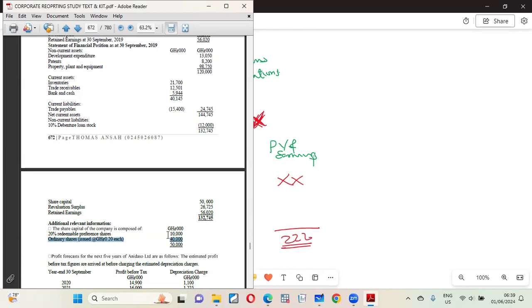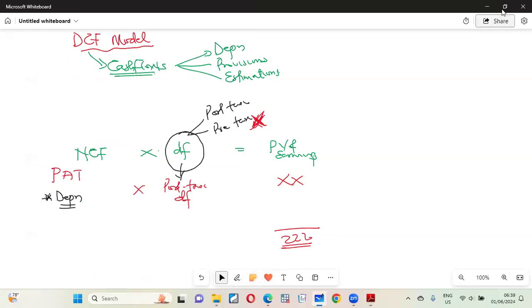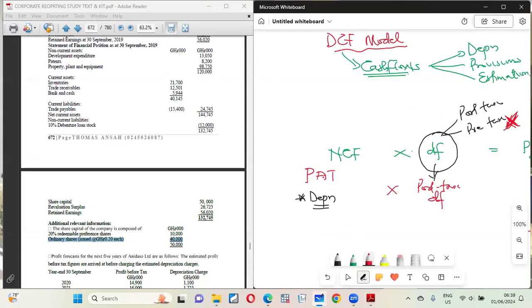So if the share price for each is 20 pesos, and the total share capital is 40,000, what do you think was the number of shares that brought you to this 40,000? It will be the 40,000 divided by the 20 pesos. So how many shares will you get from there? This one will be like 200,000, right?